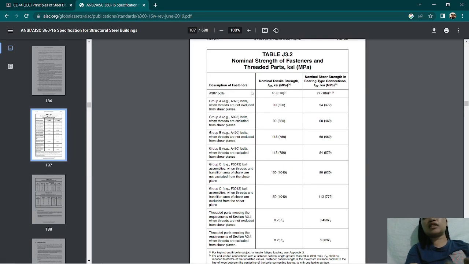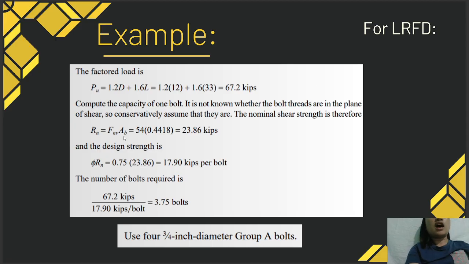That one is used when the threads are excluded from the shear plane. Since they are not excluded, meaning they are in the plane of shear, we use 54 for our Fnv. So we have Rn equals 54 times 0.4418, the cross-sectional area of our bolt.